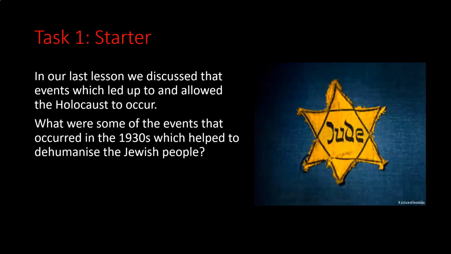So just to get started, last week we looked at the idea of what genocide was. We looked at a few different examples of genocide, and then we looked at the events and issues that led to the Holocaust being able to happen in the 1930s.